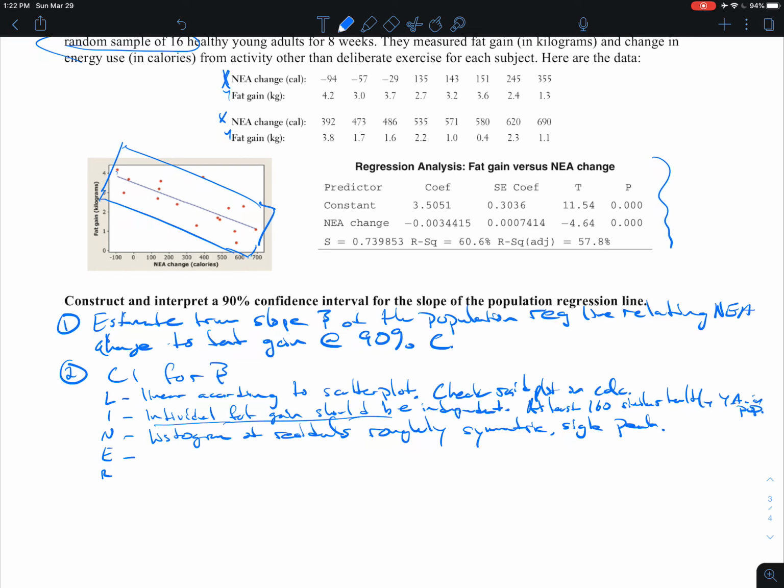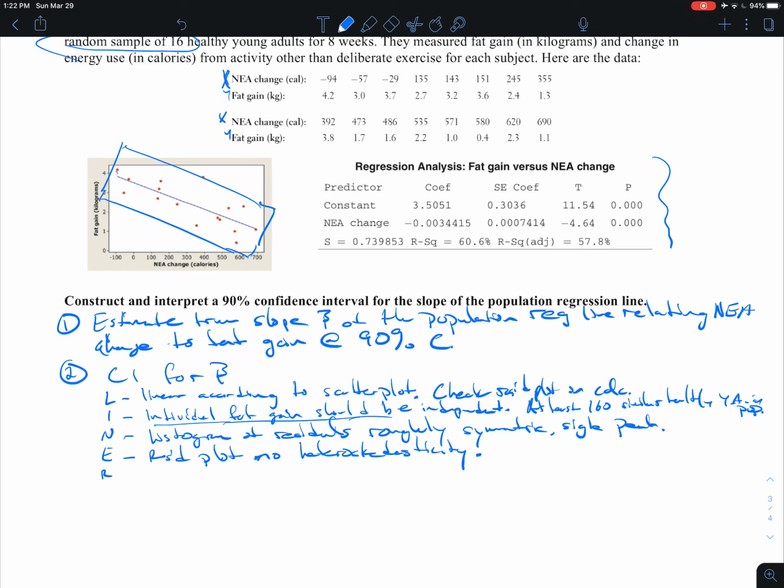Our equal variance check is something that we're going to also want to check on the residual plot. So we'll say resid plot and look for no heteroskedasticity. And again, that's just style points if you want to write that down. But we're looking for a constant spread across x, a constant spread of the y values from the line across x.